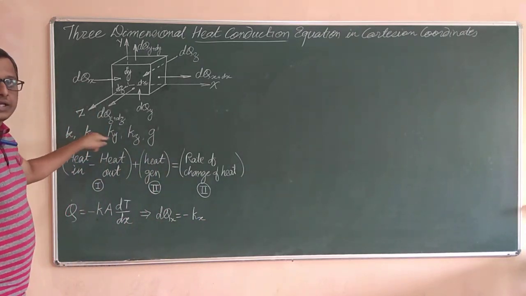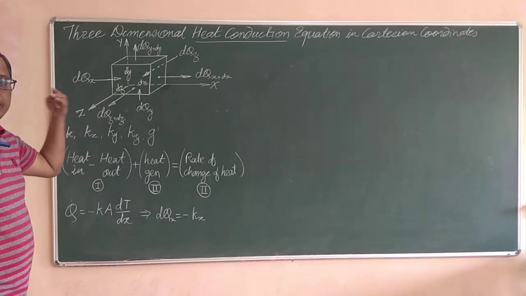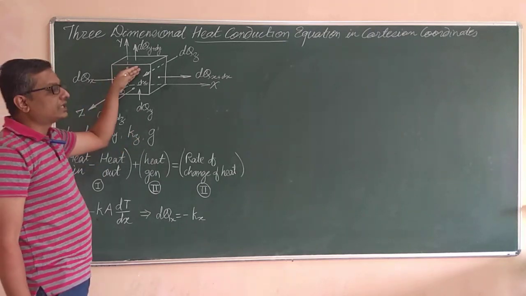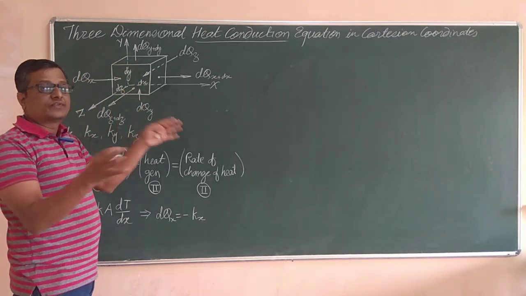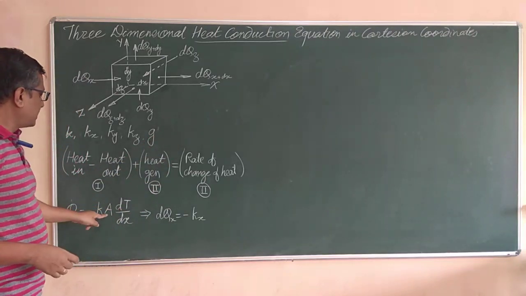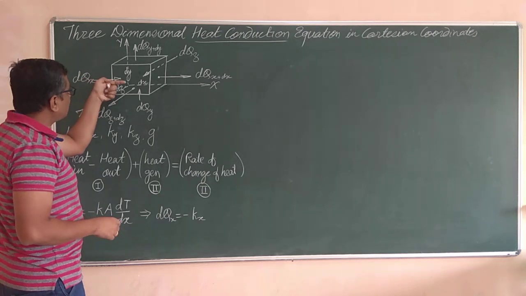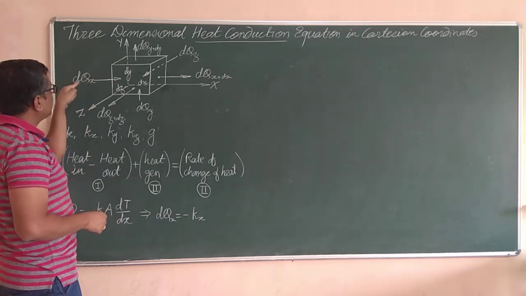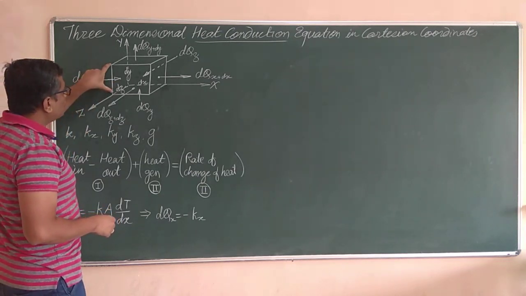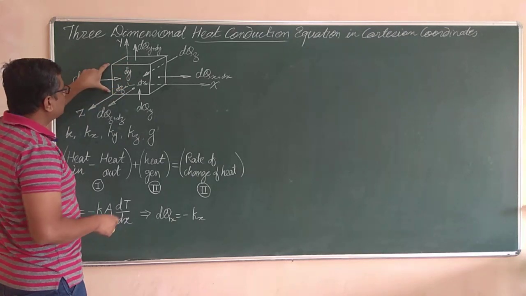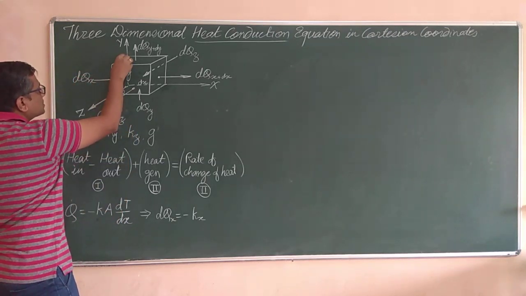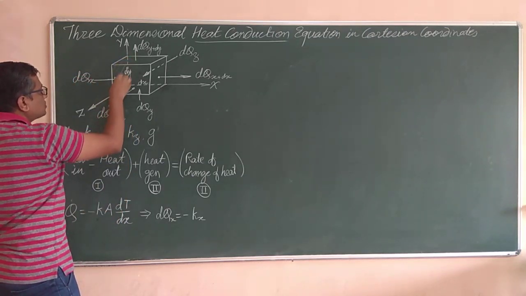So Kx, Ky, Kz will be the different thermal conductivities of the same element in different directions. So minus Kx, A. Now the area normal to the direction of flow of heat, in this case you can see this is dqx, the area which is normal to the flow of heat, over here this much is the cross section, I mean this is the area which is normal to the direction of flow of heat.